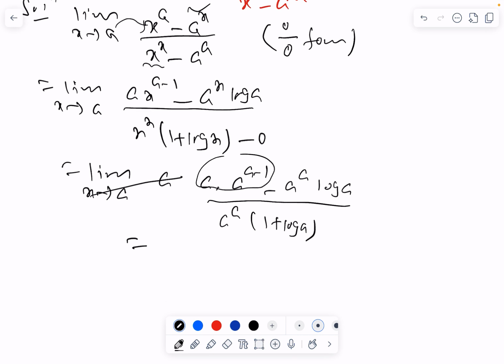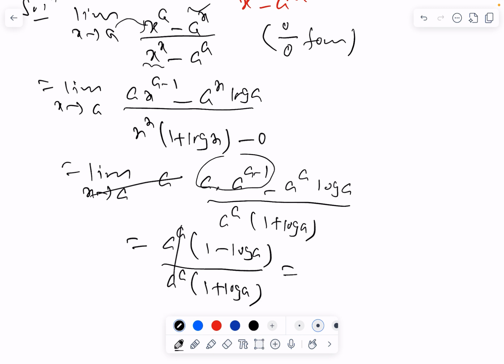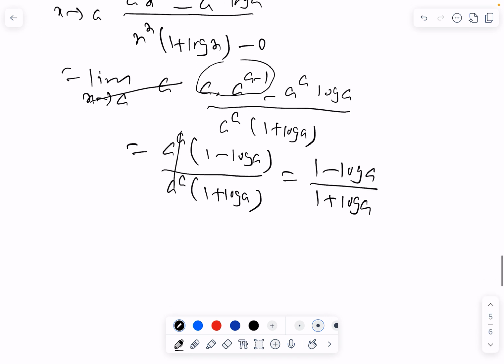So this is a power a (1 minus log a). This is a power a (1 plus log a), this cancels. So this is the answer, (1 minus log a) over (1 plus log a).